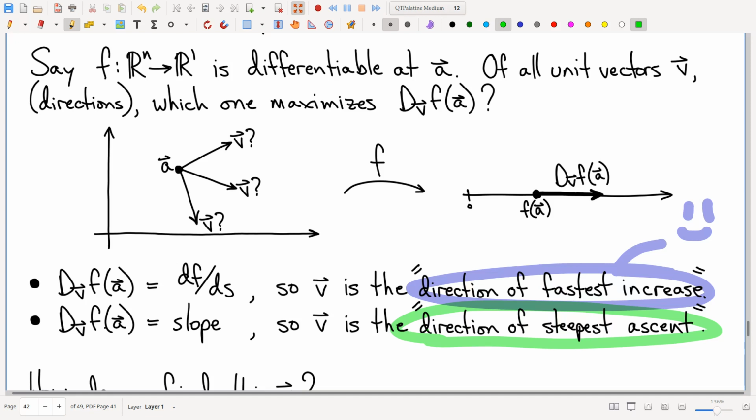Very often we don't want to look at graphs. Very often we cannot look at graphs. Sometimes graphs are four-dimensional. This only makes sense in a context that may not be relevant to us. Fastest increase always makes sense, so I'm going to mostly use fastest increase. Be aware, outside of this class, you're going to hear steepest descent a lot.